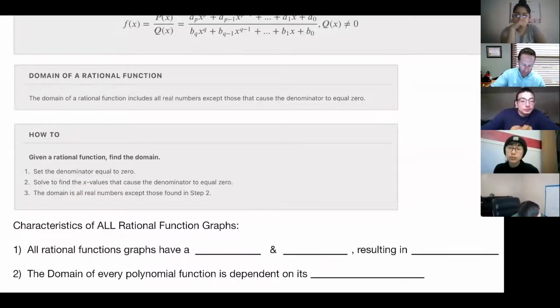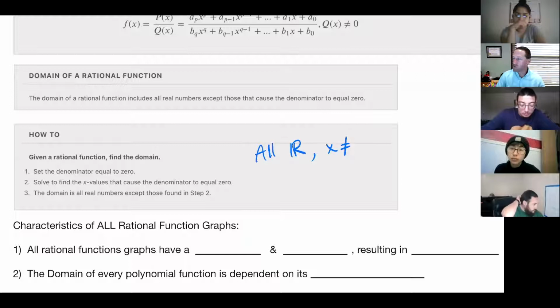Okay? And you can literally write it like that. All double-legged R stands for real numbers, except tell me what X cannot equal. That's the easiest way. There's two other ways. There's the set builder notation, where you tell me it's the X values such that X cannot be this, right? And then you close it up.